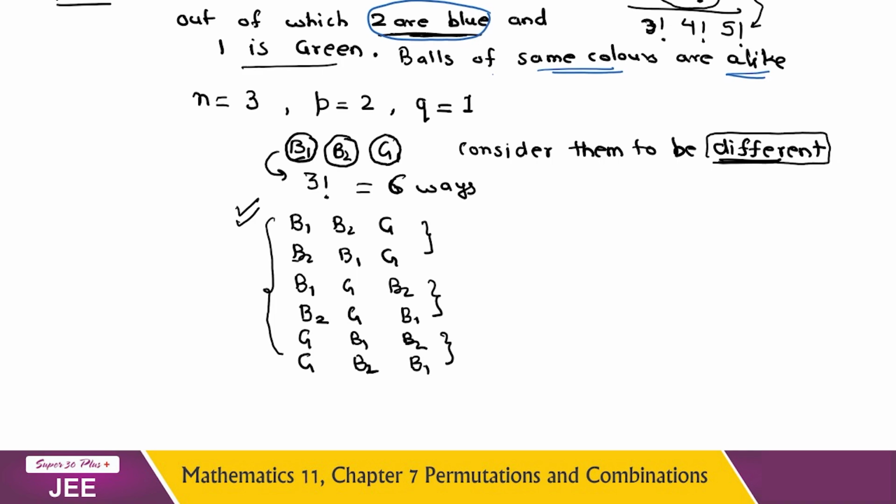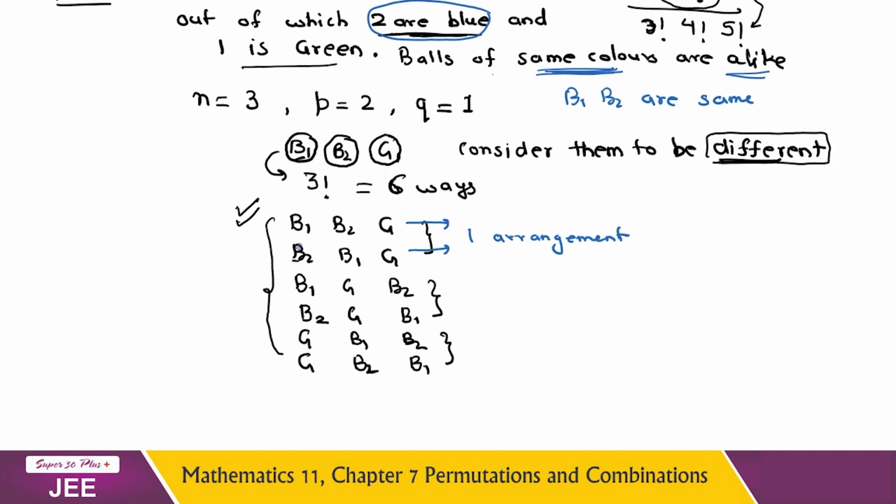When things were different, I had written down this arrangement. But when these two blue balls are alike, we can say that B1 and B2 are the same. If B1 and B2 are the same, then this arrangement and this arrangement will not be counted as two arrangements. In fact, this will be one arrangement.